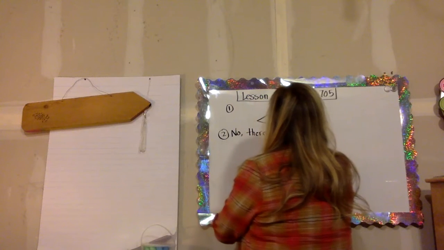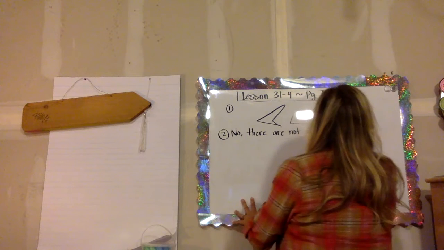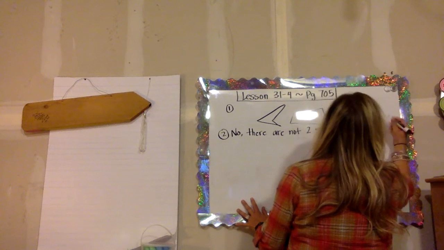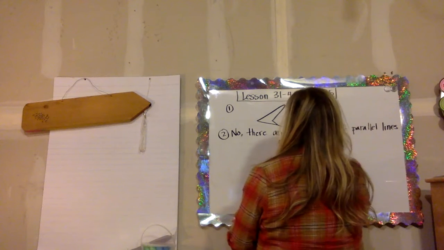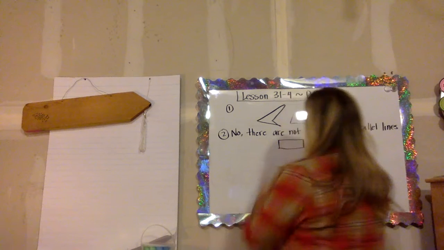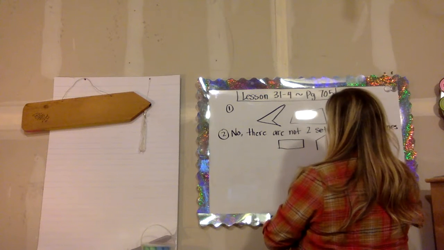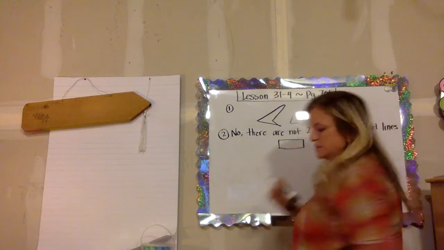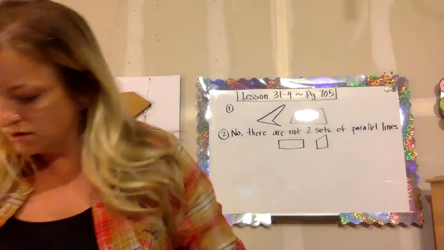There are not 2 sets of parallel lines. A parallelogram is like a rectangle. These are parallel, that's one set. These are parallel, that's another set. Hers is like, I think one looks like that, so pretend, and they need to be the same length.